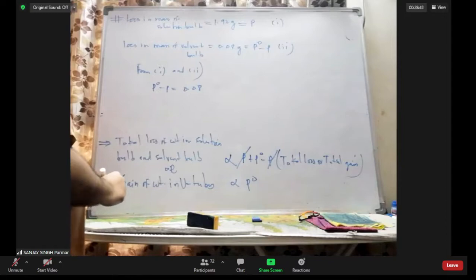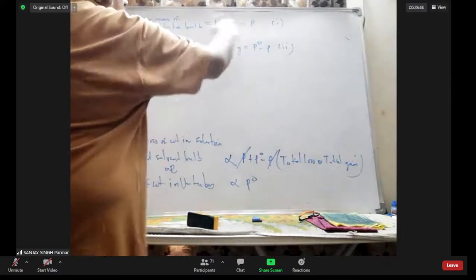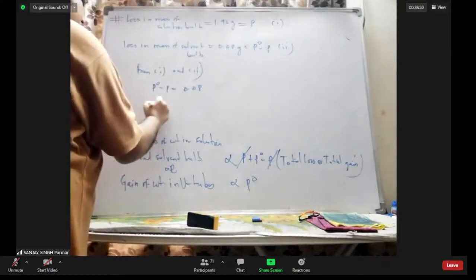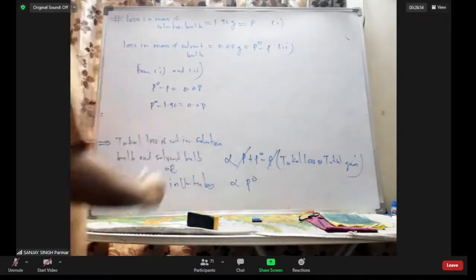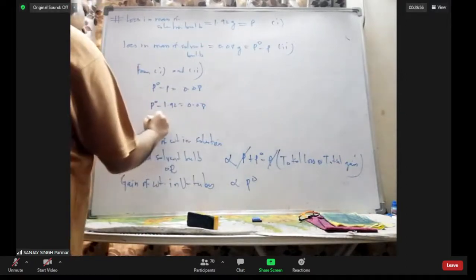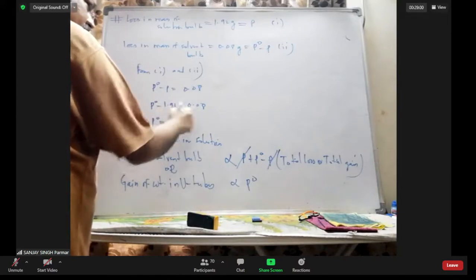Correct? Yes, sir. Clearly here they have given the P value is 1.92. So this is 1.92 and 0.08. So from this, can I say P naught is equal to 2.